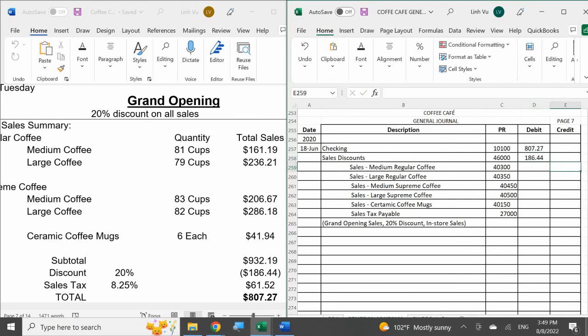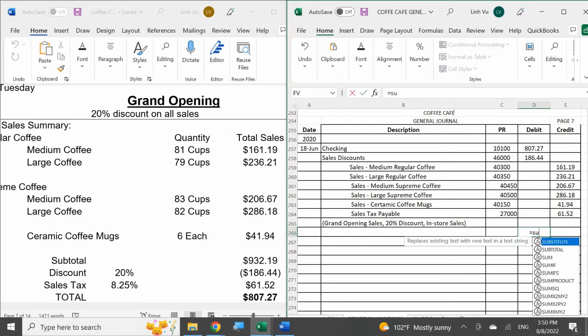Medium regular coffee is $161.19. Large is $236.21. Supreme medium is $206.67. Large is $286.18. And ceramic mugs is $41.94. And sales tax is $61.52.